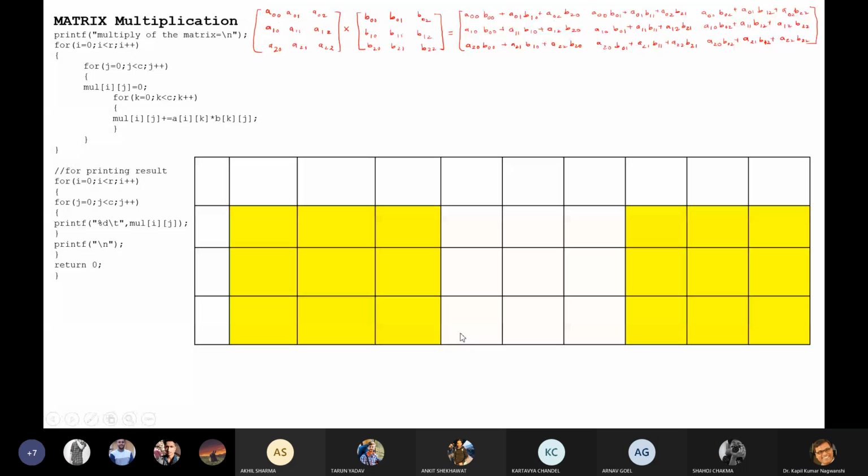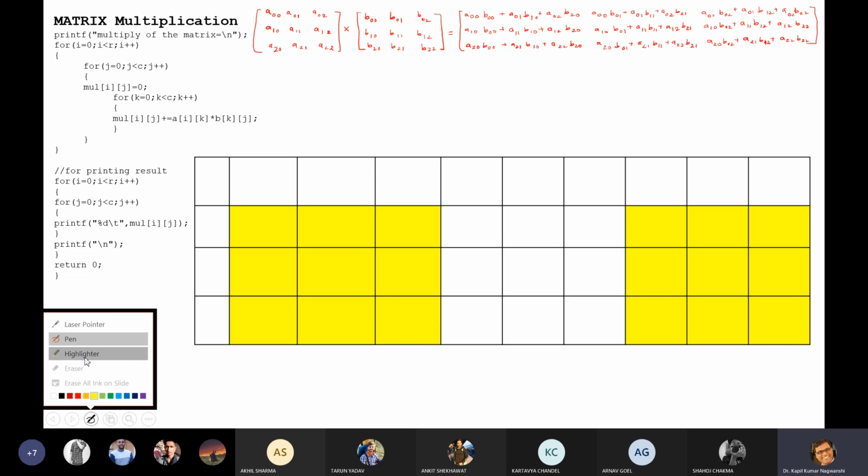Yes. So let us start one by one. Our fundamental shows that for i, j equals to 0, j equals to 1, and so on. So what is our outer for loop? Let me highlight each of the for loops.